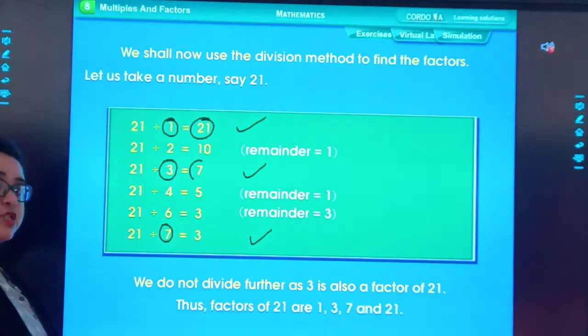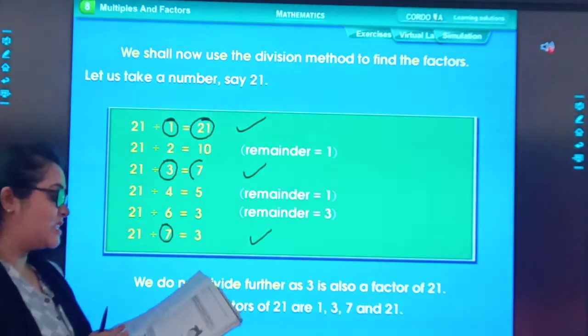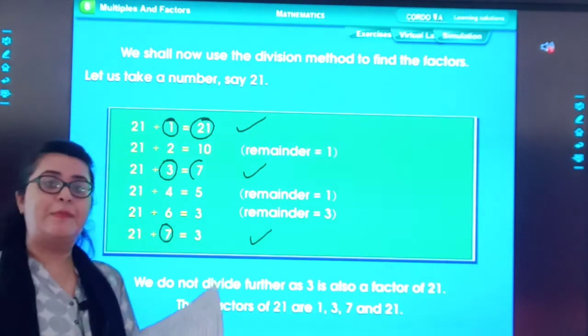Okay students, so now we will have a look at the facts about factors that are on page number 64.